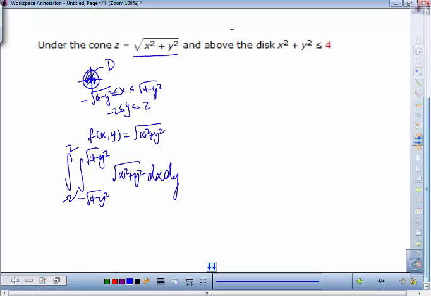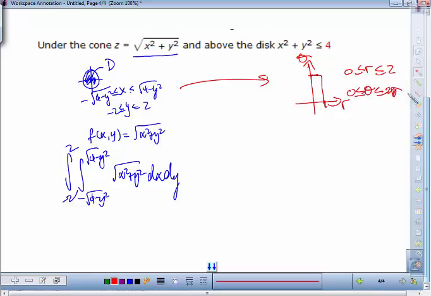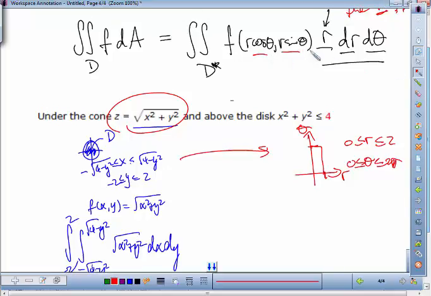So, when we did our transformation, things happened. In fact, we wrote the inequalities for this already. r goes from 0 to 2, theta goes from 0 to 2 pi. We also noted that x is equal to r cosine theta, y is equal to r sine theta. But we also have this other relationship: x squared plus y squared is equal to r squared.